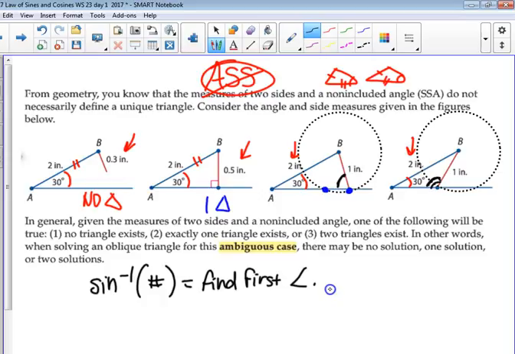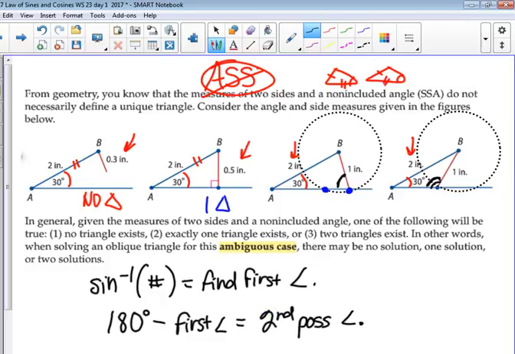Write this down under your little paper there so you remember. How do you find the second one? Yes, 180 minus that first possible angle will give us a second possible angle. A whole bunch of the time, you're going to get to throw that second angle out.